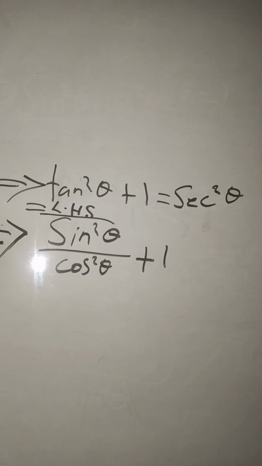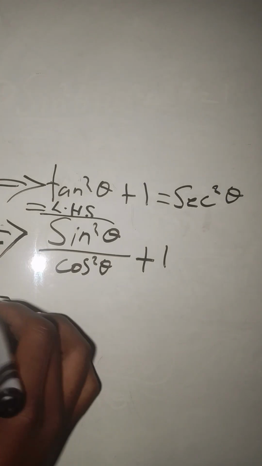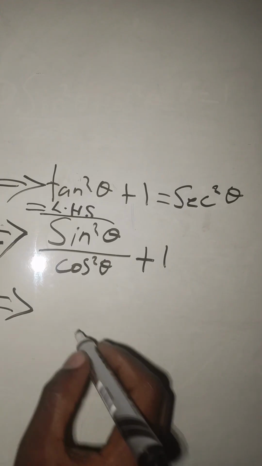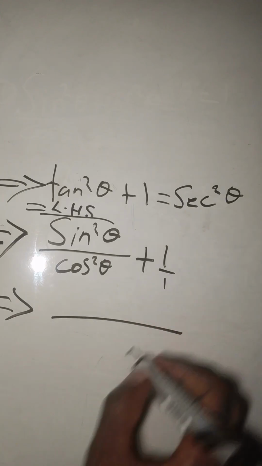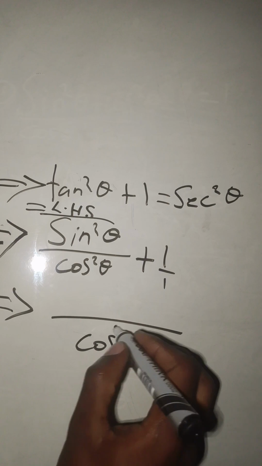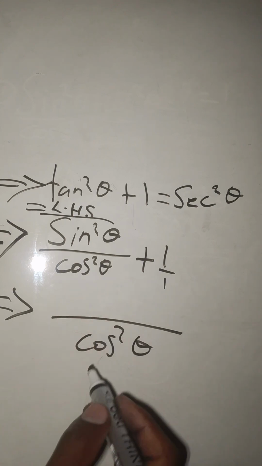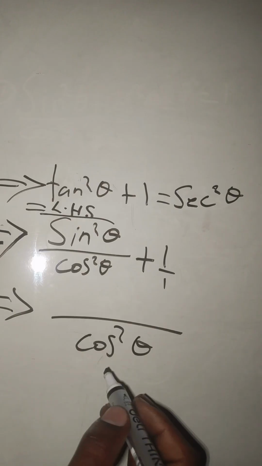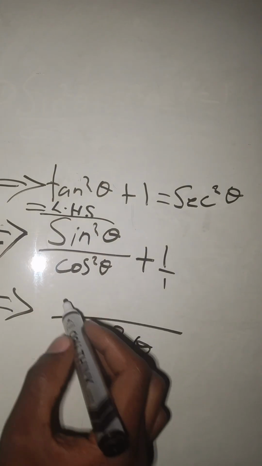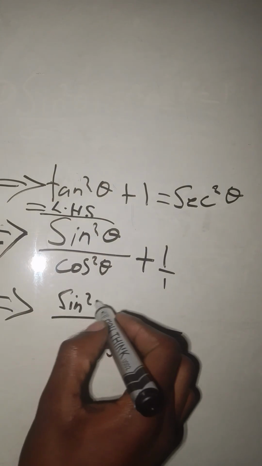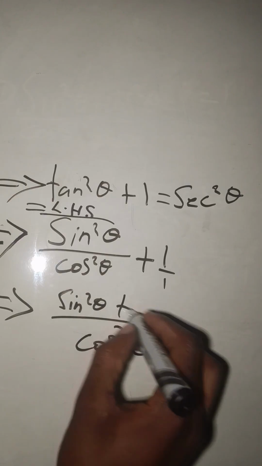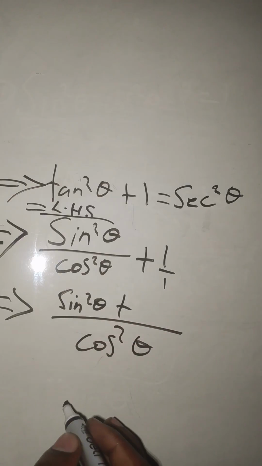Okay, so now, what is this guy going to give us? So let's find the common denominator here, which is cos squared theta. All right, so cos squared theta into sine squared theta over cos squared theta is sine squared theta, plus 1 into cos squared theta is cos squared theta.